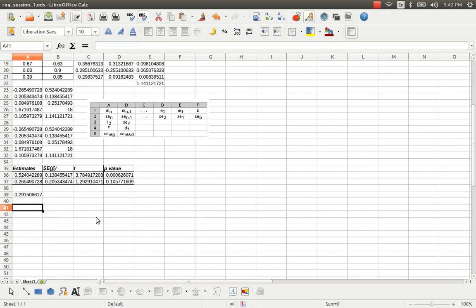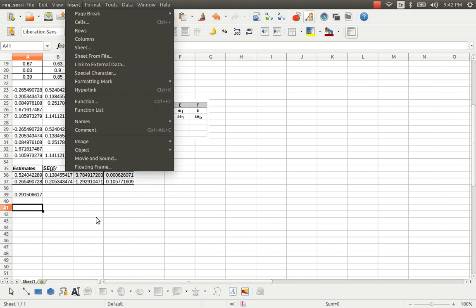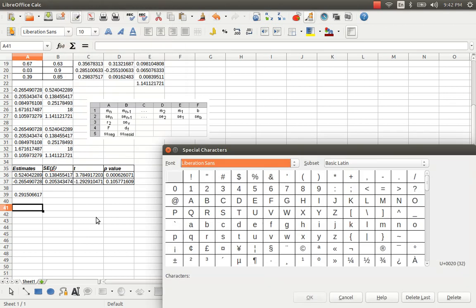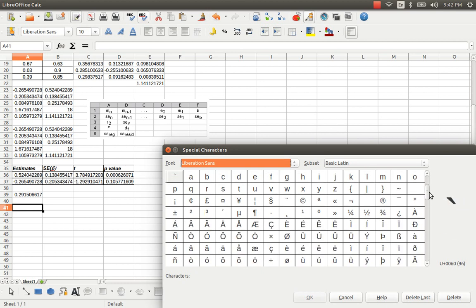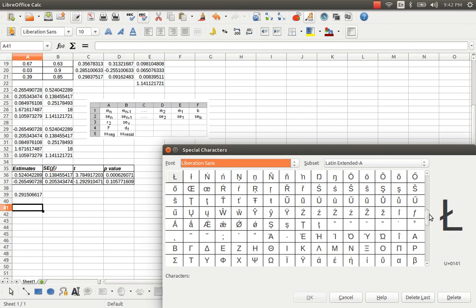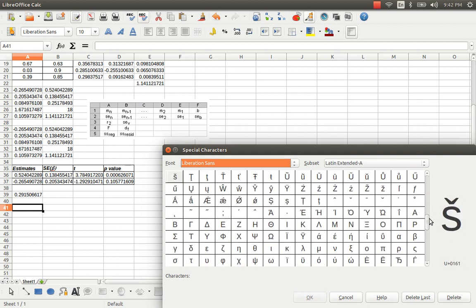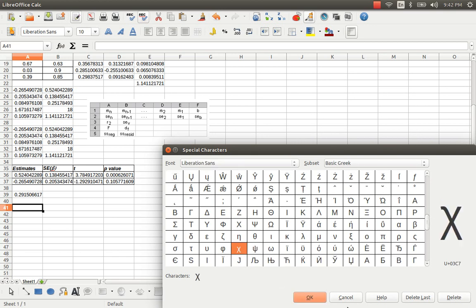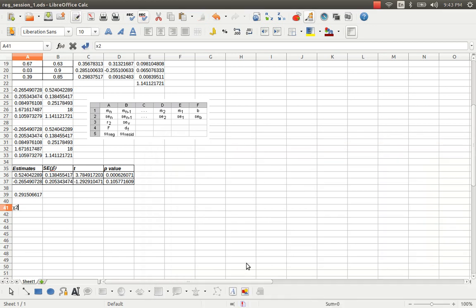So here we go for the chi-square statistic. I am going to put the special symbol for chi-square statistic in this cell. I am searching for the symbol chi. Where is chi? Yes, chi-square.